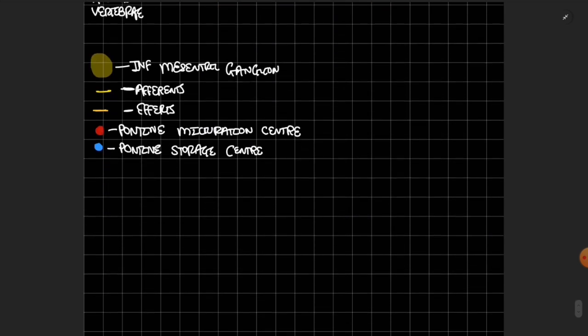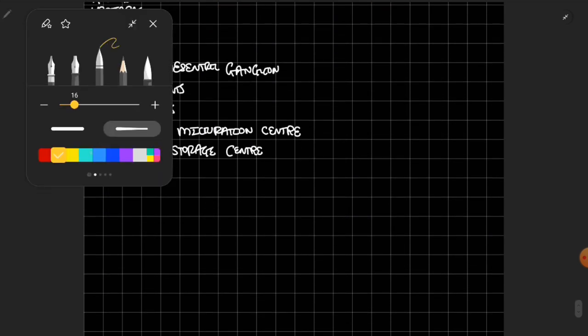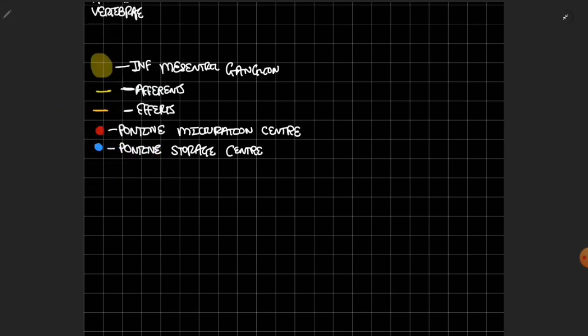Now I will write the actions. The heading shall be actions. Tell me one thing, we have drawn three efferents, to the internal urethral sphincter, the external urethral sphincter and the bladder.